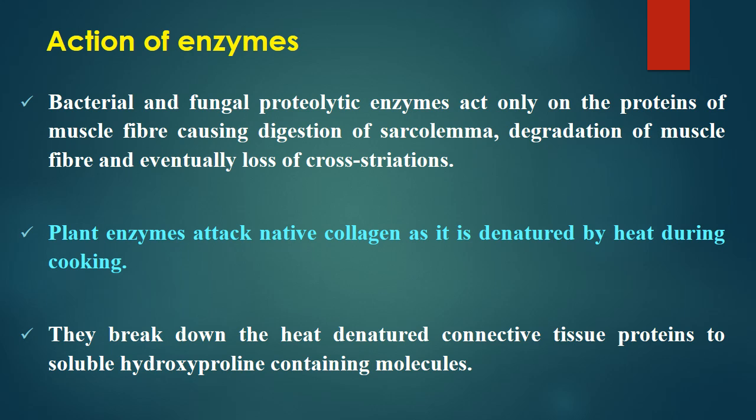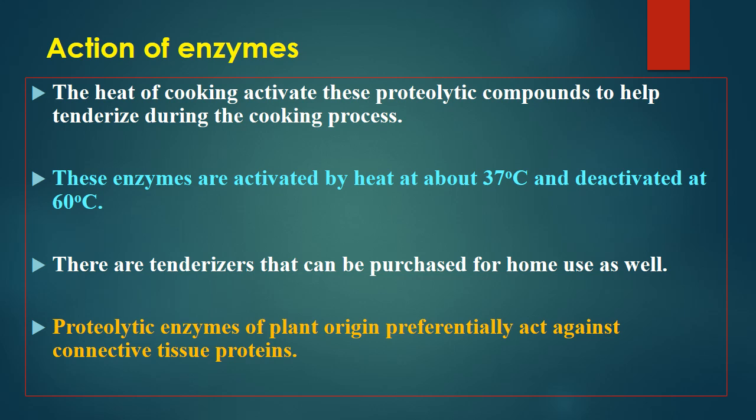They break down the heat denatured connective tissue proteins to soluble hydroxyproline containing molecules. So these plant origin enzymes cause breakdown of connective tissue and produce hydroxyproline molecules. Now about the action of enzymes, the heat of cooking activates these proteolytic compounds to help tenderize during the cooking process.